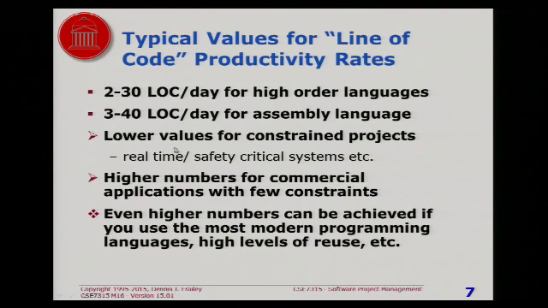Generally speaking, if it's a very highly constrained project like safety critical real-time stuff, you tend to be on the low end of this scale. And if it's not constrained at all, like an application that doesn't have a lot of time constraints on it or something, you tend to be at the higher range. And you can even get higher if you have certain kinds of tools that help you develop it faster.